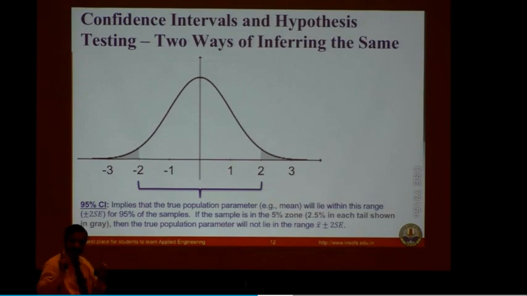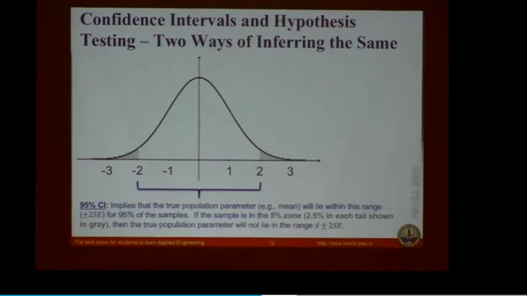The true value is not going to be in that range. Any of these 95% samples, if the sample is here, plus minus 2 standard errors, well, this thing is included in that zone. So, population mean will be in that range. Okay, that's the confidence interval view of taking a look at that.